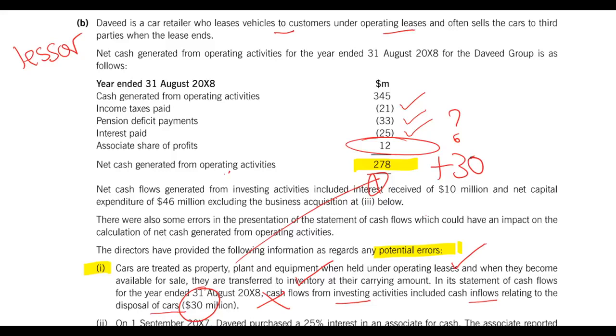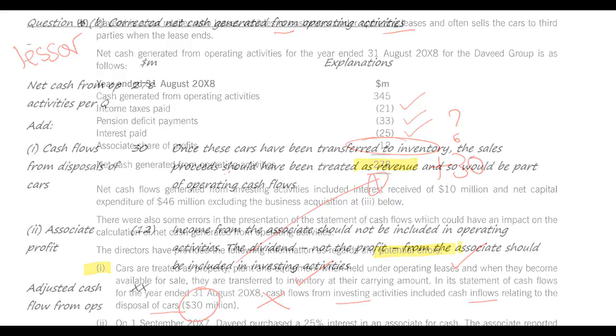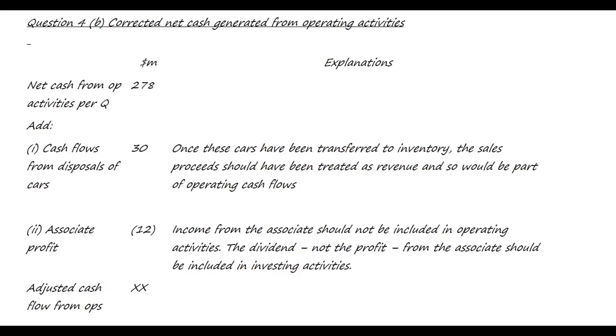Instead of going through this question line by line, let me show you what I mean in that big picture, that presentation, that good layout. So I hope you can see what I mean now. We start with that 278 from the question. We're going to add back the cash flows because they are from the sale of cars, which is an ordinary part of business.